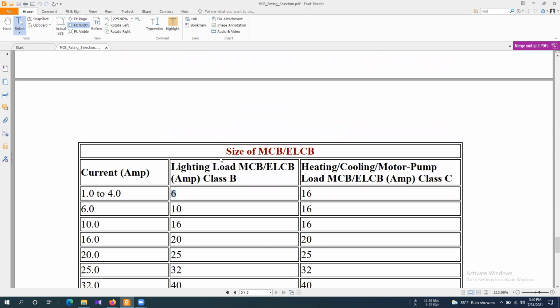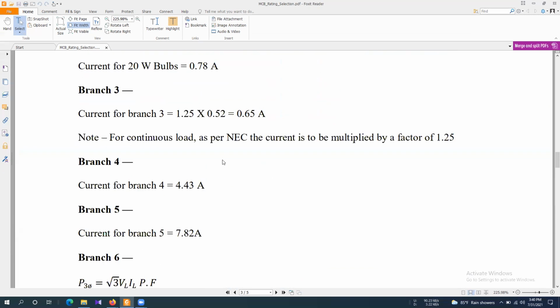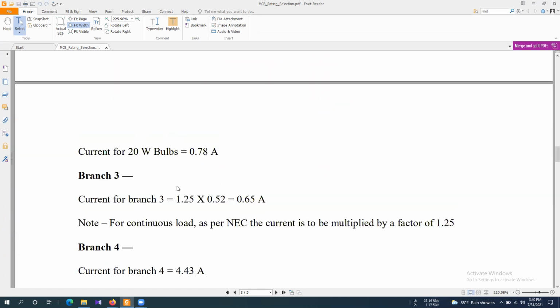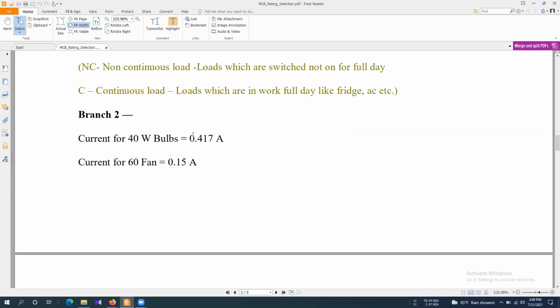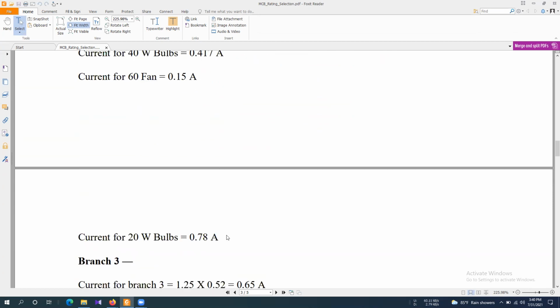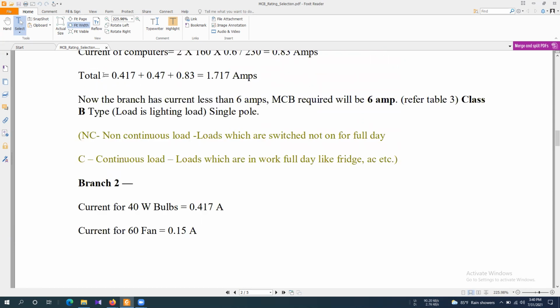Then similarly, for branch 2, you calculate how much current is required. I have not shown it here. You just add the currents and you will get the total current for branch 2. And like branch 1, whenever you are done with the total current calculation, you can simply go to the table.